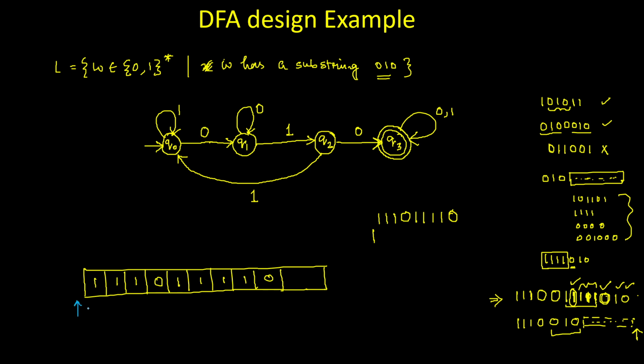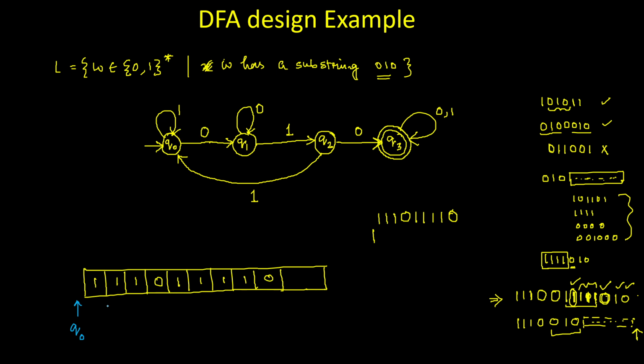Right now the read head is here, and what is the state? Obviously Q0, because this is the initial state. Now on reading this 1 in Q0, where will Q0 go? On reading 1, Q0 will remain in Q0 because of this DFA.